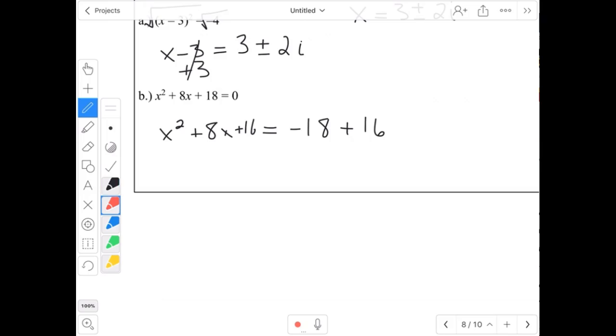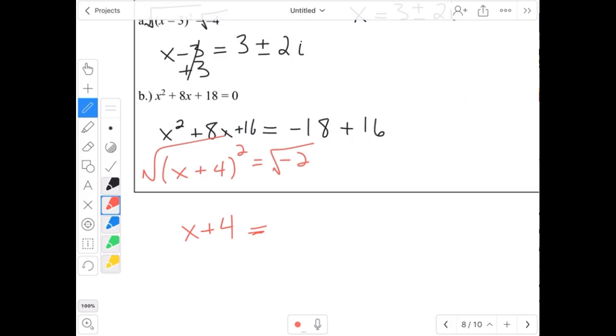That'll give me x plus 4 squared is equal to negative 2, square root. I don't know what the square root of 2 is, 1.3 something. Let's be a little more precise. 1.414.